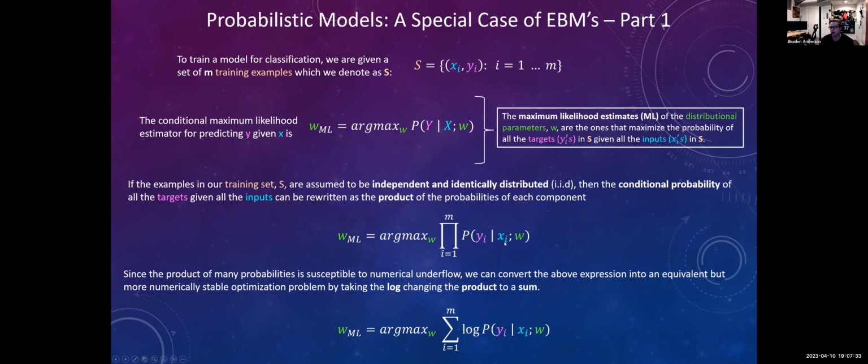And that's just because if you have a bunch of independent things all occurring together, it's just the product of their individual probabilities. So we get to this expression and we say, well, that's not going to be numerically stable, right? Because we have a bunch of numbers between 0 and 1. We're going to multiply them together. Could have some underflow problems. So why don't we take the log of those probabilities, which will let us turn our product into a sum. Okay, great.